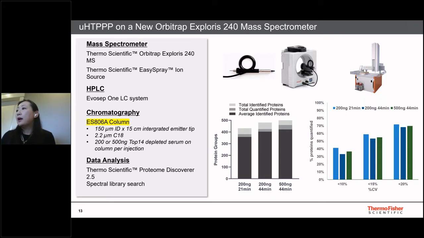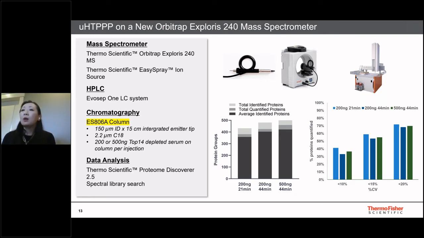By applying the spectral library search and feature mapping algorithm of the Proteome Discoverer software, we reproducibly identify and quantify over 400 plasma proteins by loading 200 nanogram of top 14 depleted serum with either a 21-minute or 44-minute Evosep LC gradient on Explorer 240. We could detect and quantify around 500 plasma proteins by loading 500 nanogram of top 14 depleted serum and around 44 minutes of Evosep LC gradient on Explorer 240.